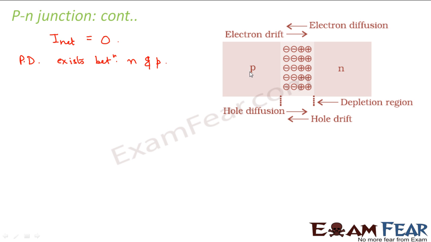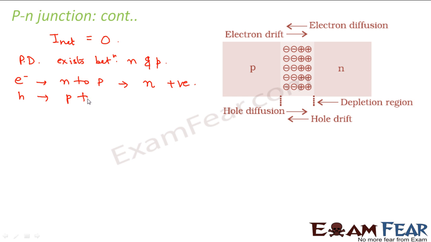But why does a potential difference exist between N and P? That's because the electrons moved from N to P, right? Right now I'm talking about the diffusion of electrons, the majority charge carriers. So the majority charge carriers moved from N to P. So what happened to N? N became positive. That means N region became positive, right?